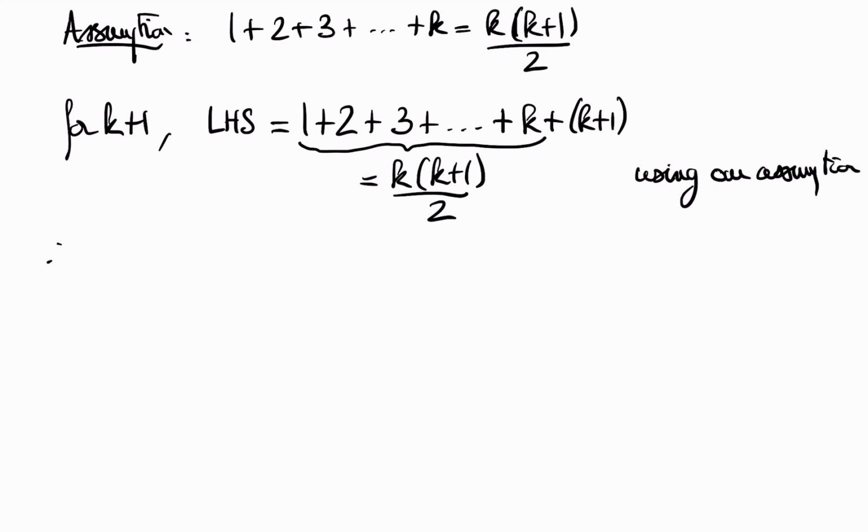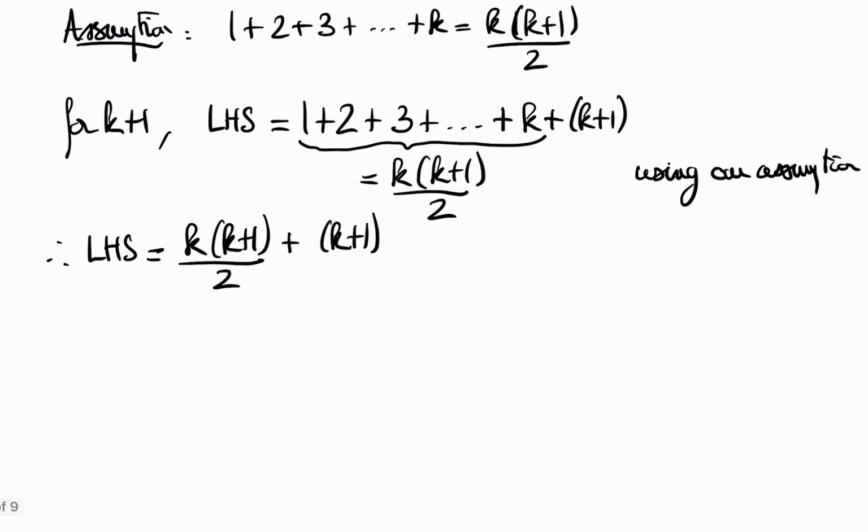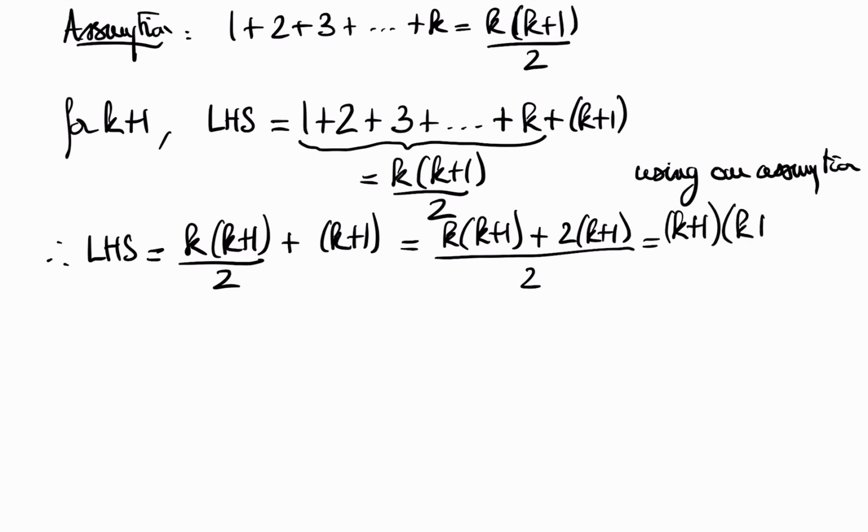So therefore, the left-hand side is equal to k times k plus 1 over 2 plus k plus 1. Now, I can simplify that. It's two fractions, so the common denominator is 2: k times k plus 1 plus 2 times k plus 1 over 2, and we can factorize by k plus 1 the numerator. So k plus 1 times k plus 2 over 2.